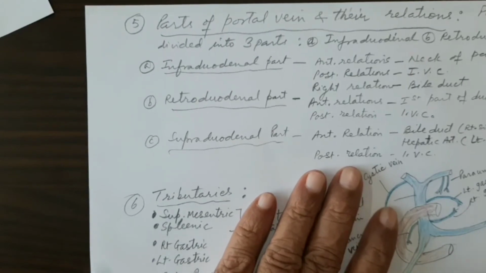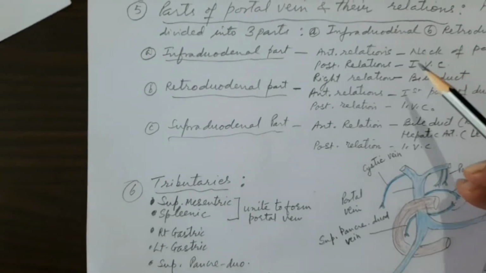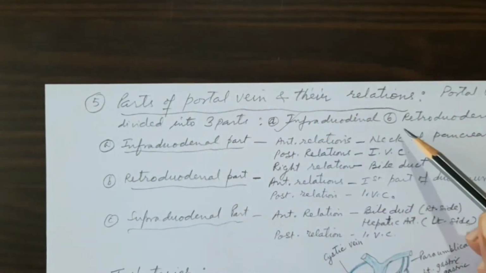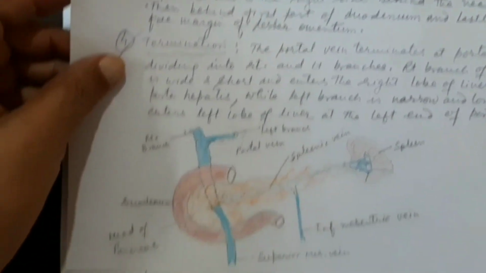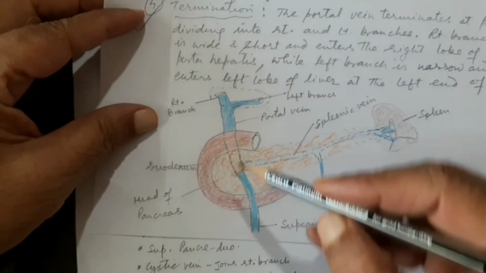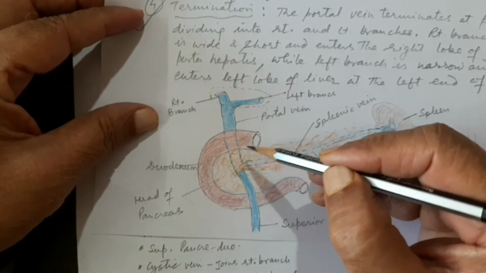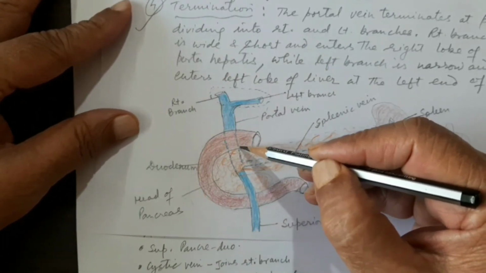Now, portal vein is divided into three parts. Which are those three parts? The three parts are the infraduodenal, retroduodenal, and supraduodenal, which can be seen here in this diagram. This is the infraduodenal part, which lies posterior to the neck of the pancreas.